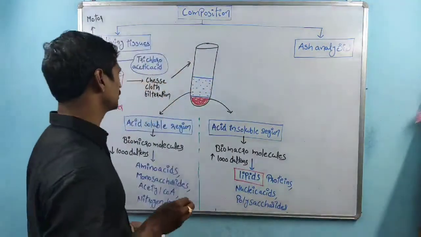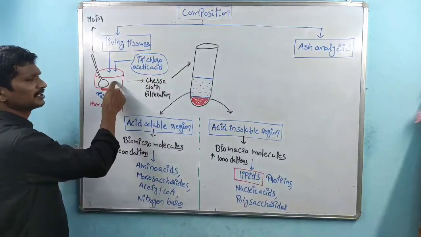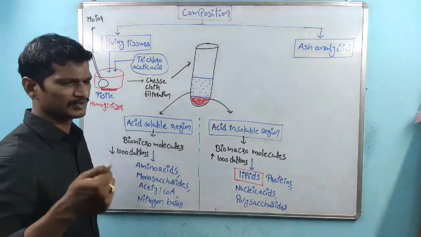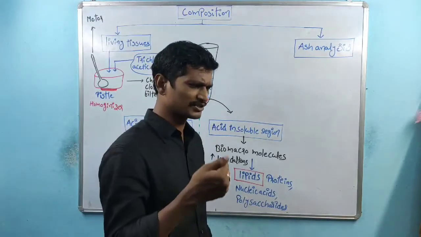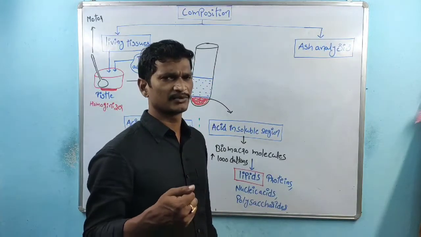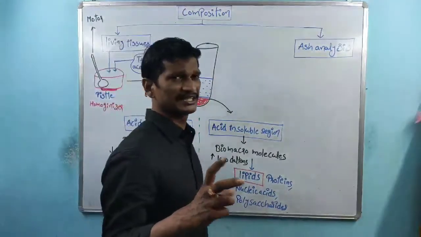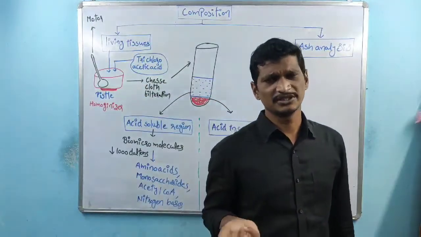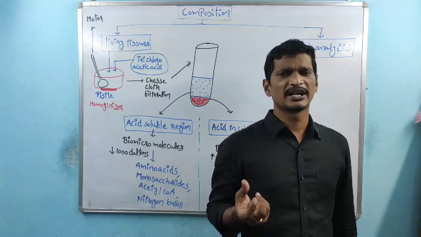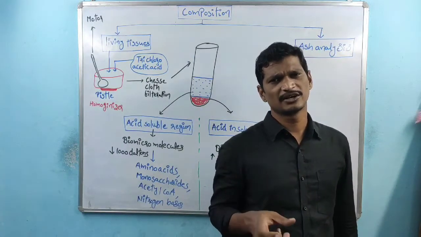All these pieces are added into the mortar. Then we apply mechanical pressure. If we apply mechanical pressure with the pestle, the cells in the tissue are ruptured. In that case we also add a chemical reagent.